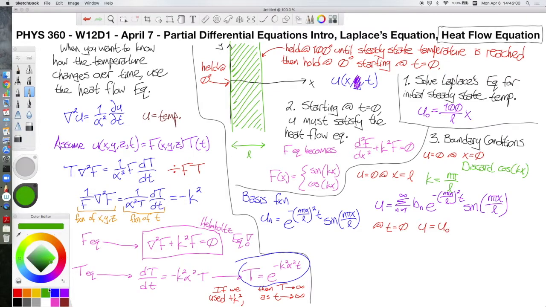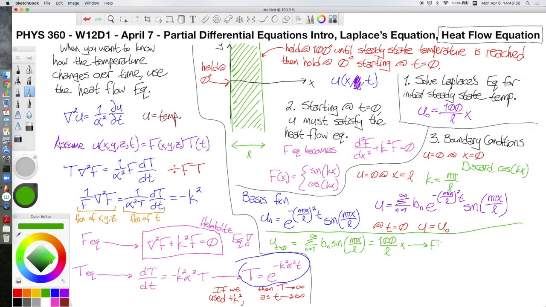So in more mathematical language, that means that plugging in t equals 0 into our solution for u, we have the sum from n equals 1 to infinity of b sub n, the exponential term vanishes and becomes 1, times the sine of n pi x over L. And this all has to be equal to u naught, which we found earlier was 100 over L times x.